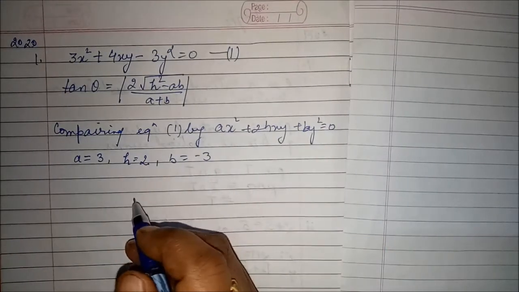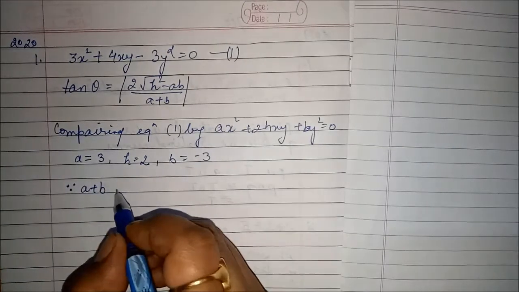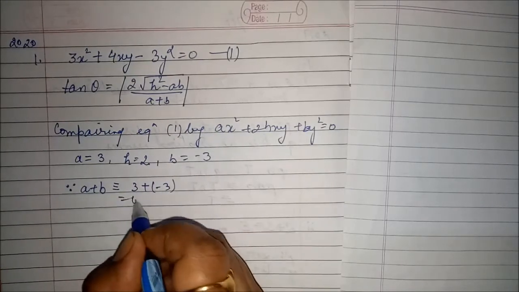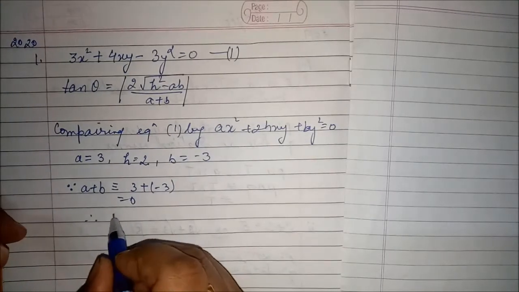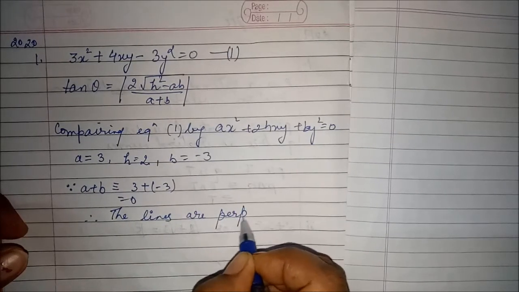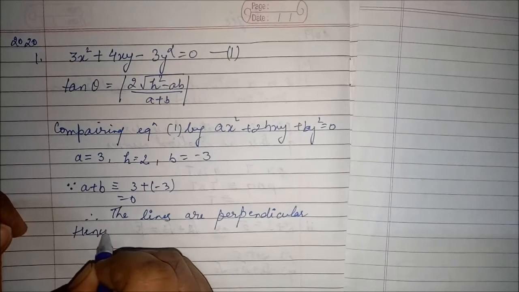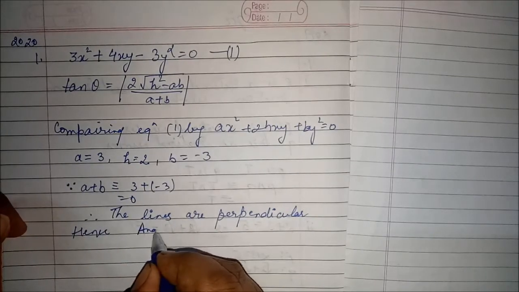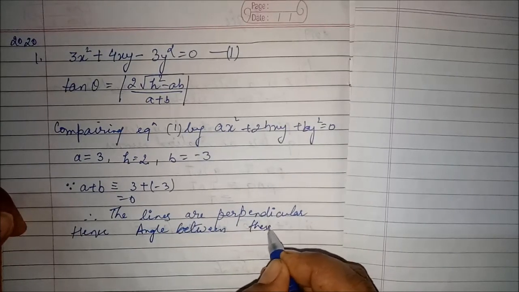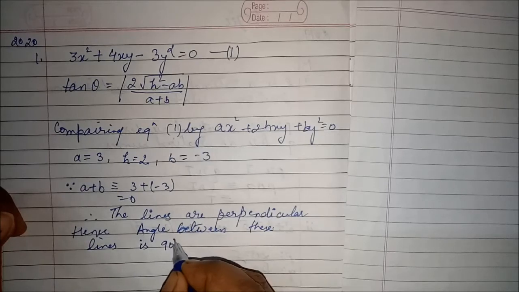Now since a plus b, that is 3 plus minus 3, is equal to 0, therefore the lines are perpendicular, hence the angle between these lines is 90 degree.